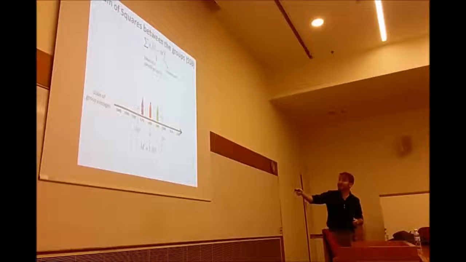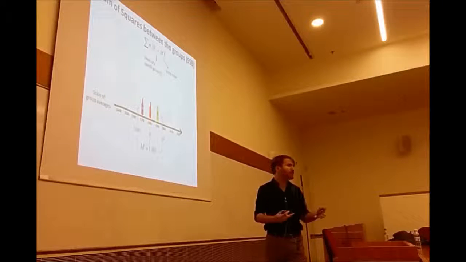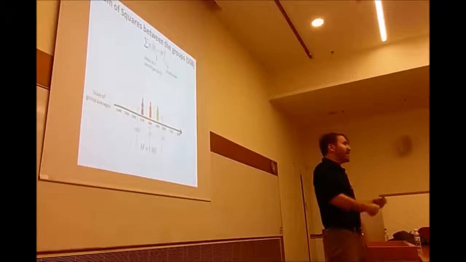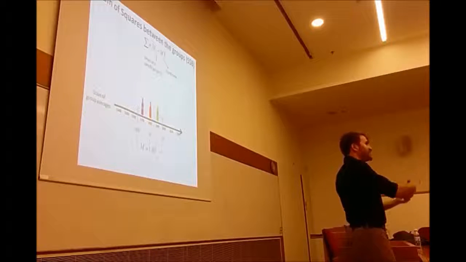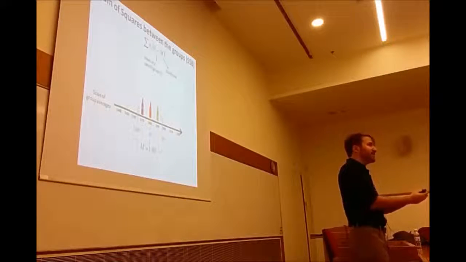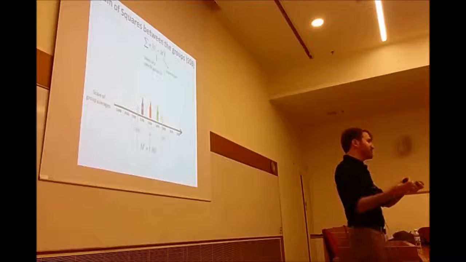So, x bar of the first group minus the grand mean: we get 170 minus 180, squared, of course. Minus 10 squared plus 0 squared plus 10 squared. So what did we do? We calculated the sum of square deviations between the groups.